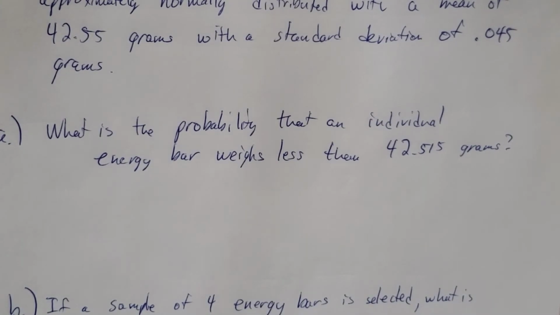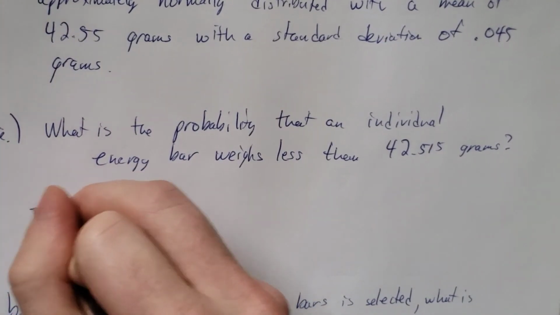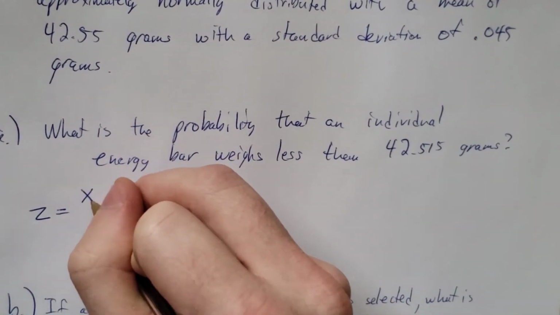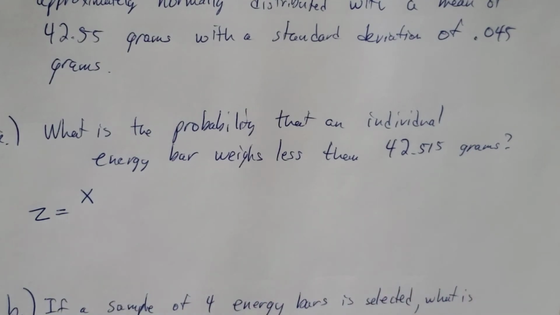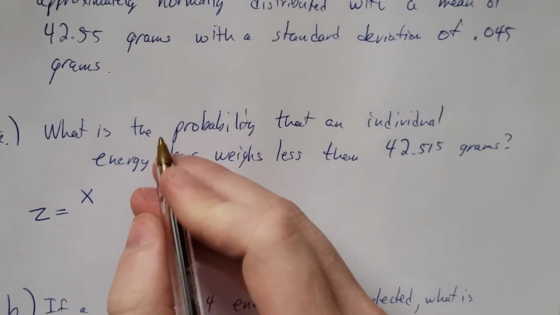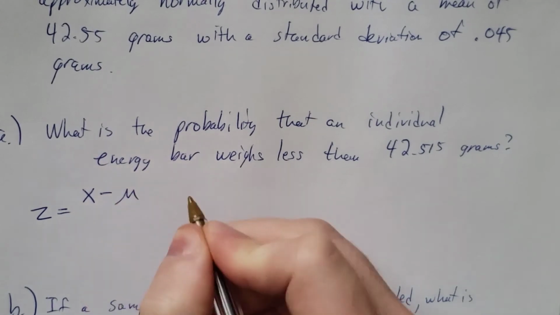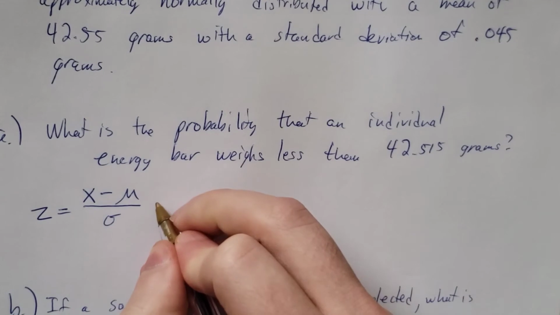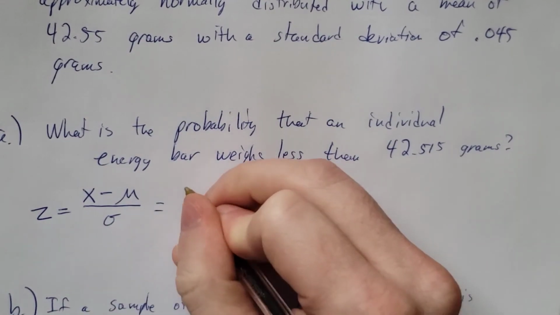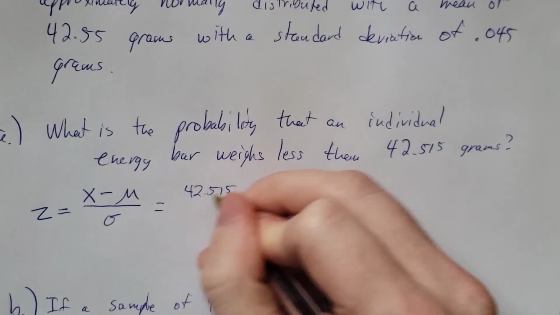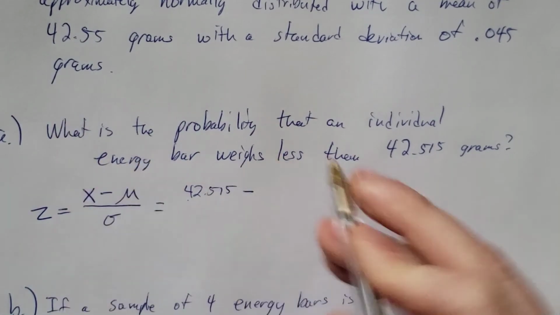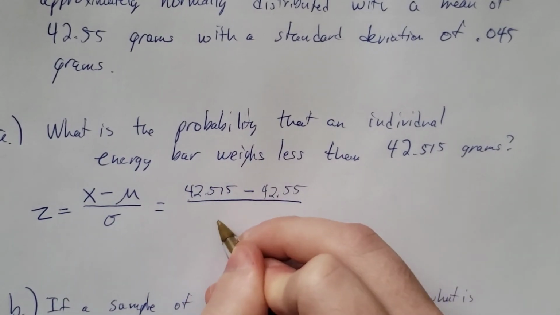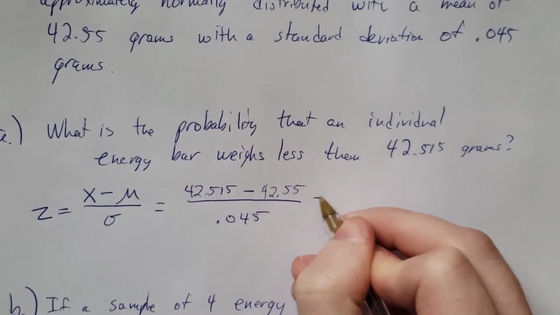Well, this actually goes back to previous sections. And we just use our formula. Z is equal to the single value of 42.515 minus our population mean, which we were given as 42.55, divided by the standard deviation of 0.045.